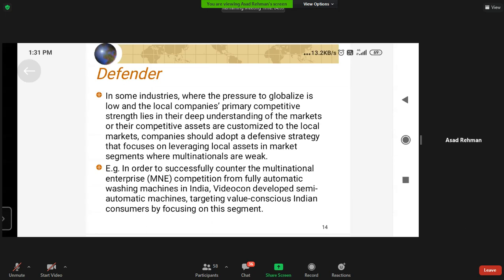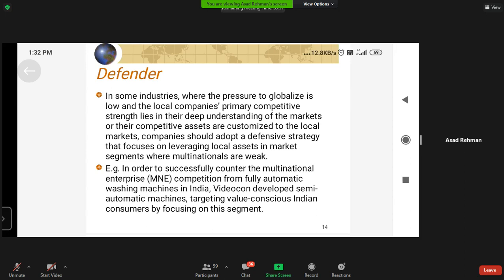So here an example is given about the Videocon washing machines. In fact, Videocon was the first company which had launched washing machines in the Indian markets. It was the pioneer of this concept in the Indian markets.